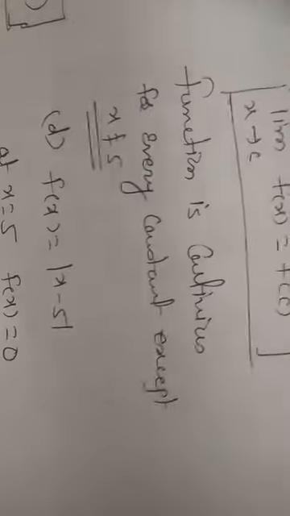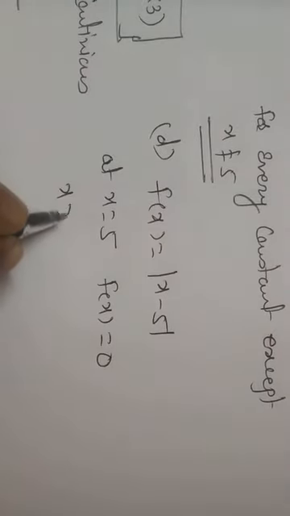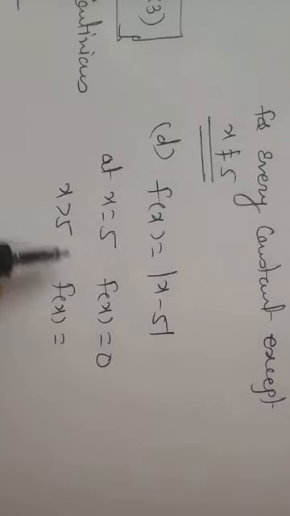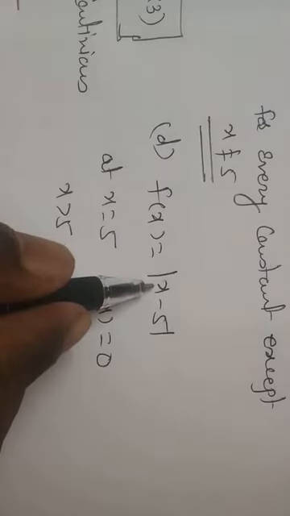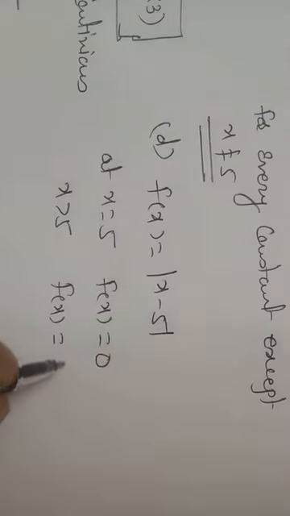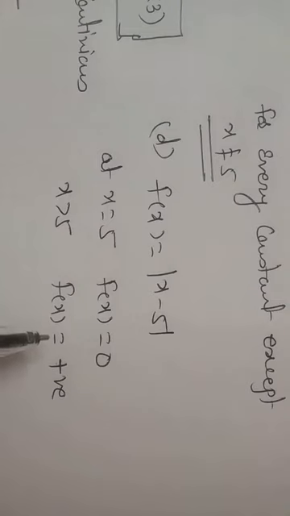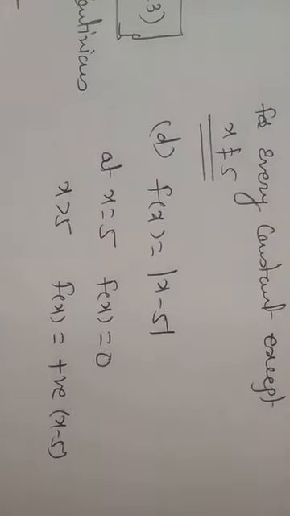Now as x is greater than 5, it may be 6, 7, 8, any number. So all values are positive. So we will take positive of x minus 5.